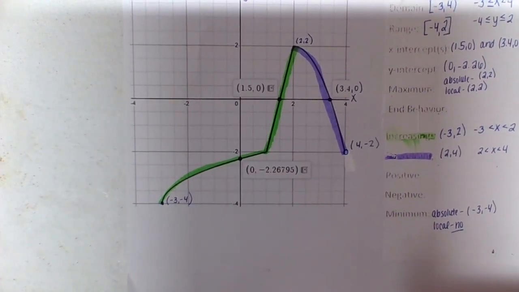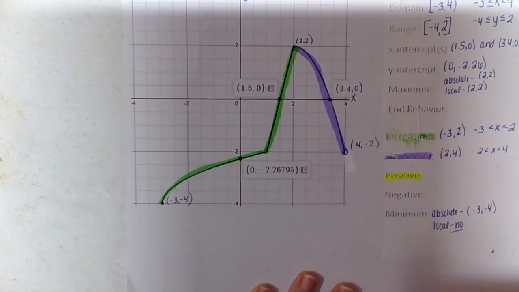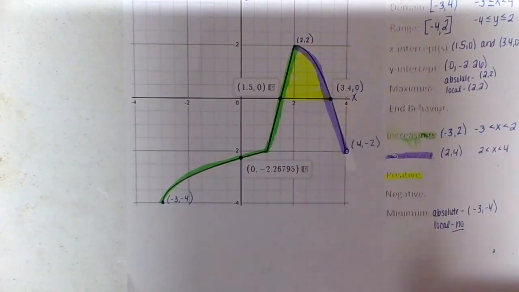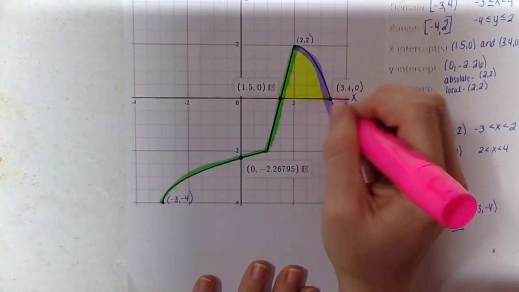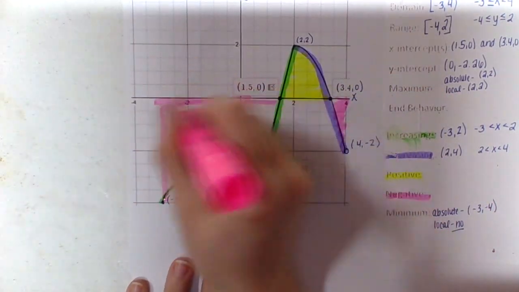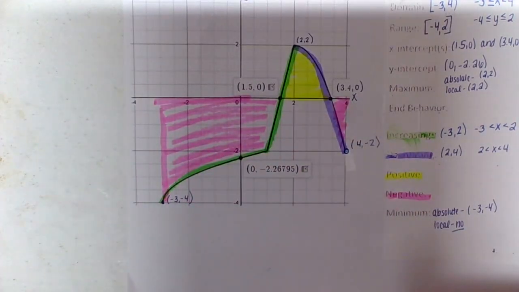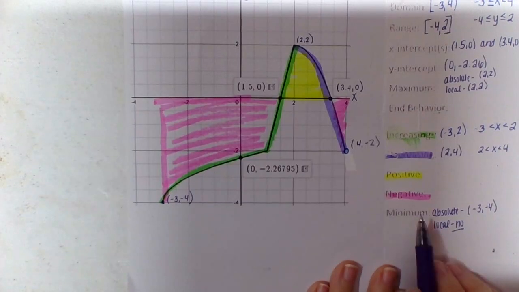We're going to figure out where am I positive and where am I negative. Positive is where am I above the axis. Negative is where am I below the axis. So for positive, we only have one region.